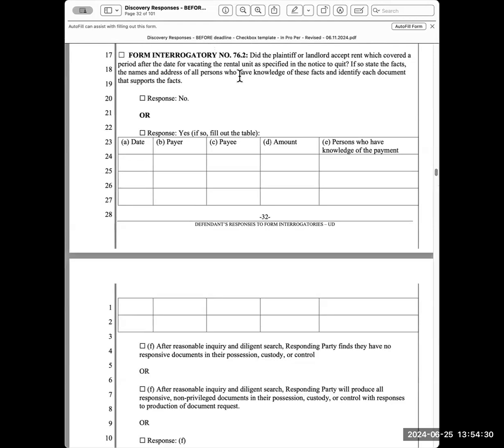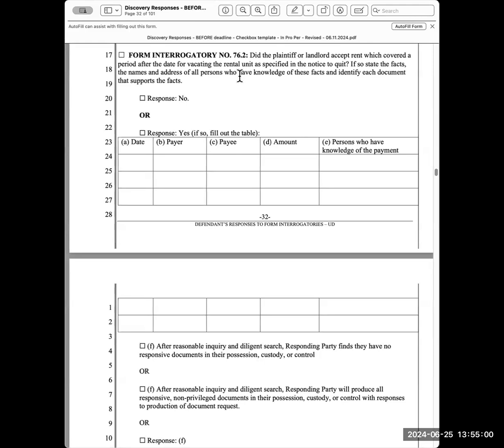Say the notice gives you 3 business days to comply, and then the notice expires, and you find yourself able to pay the rent. The notice has expired, and you go to the landlord and say, I have the money, or maybe it's a portion of the money that was demanded in the notice, and the landlord accepts that payment after the notice expired.